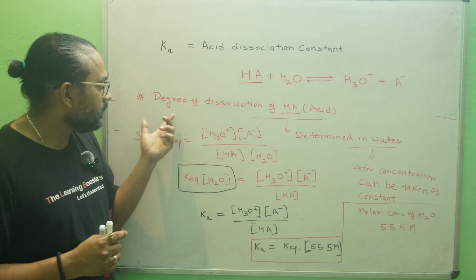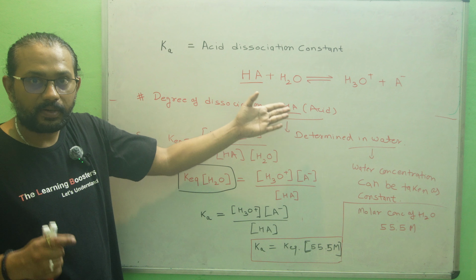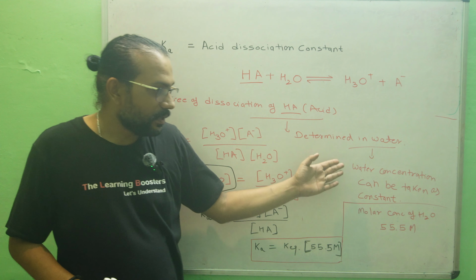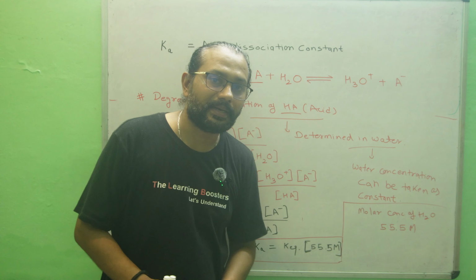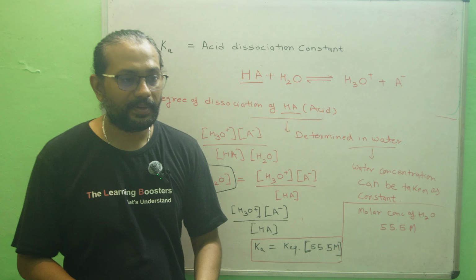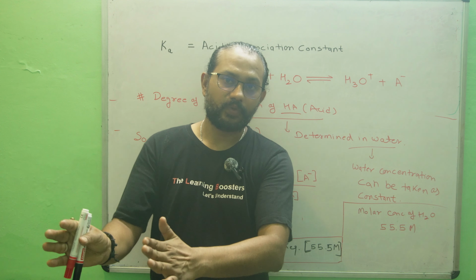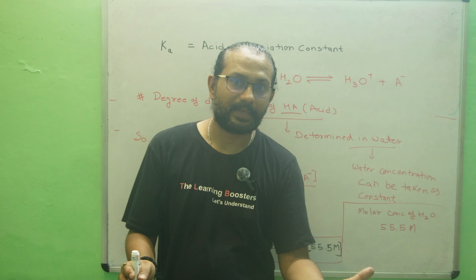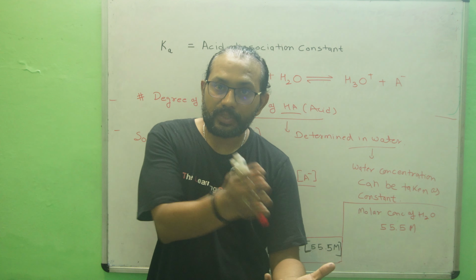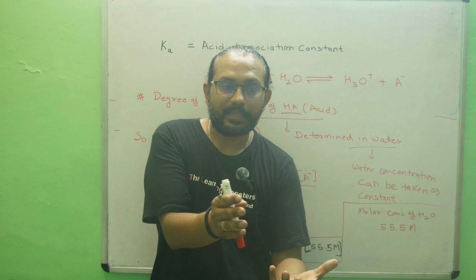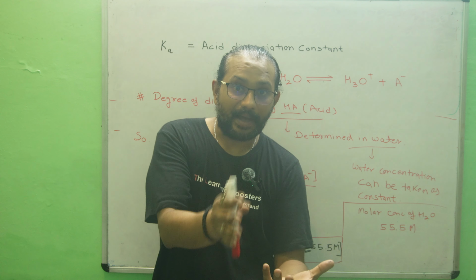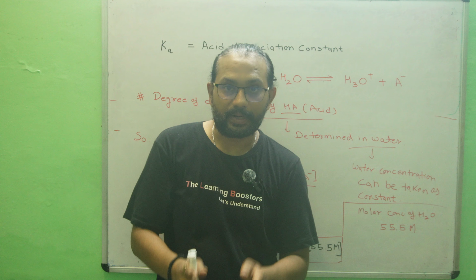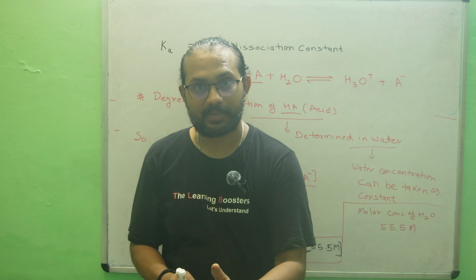The fraction of acid that is dissociated is determined in water, and the water concentration can be taken as a constant. For example, if you take HCl and H2SO4 and dissolve them in an equal volume of water, for example 100 ml, the dissociation of these acids in an equal quantity of water can vary, but here the water concentration we have taken as a constant.